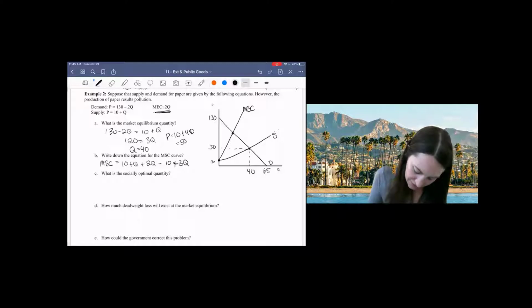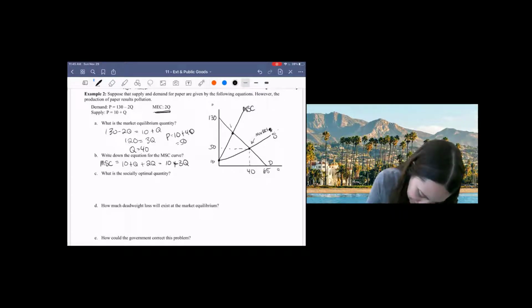So here's the market equilibrium, and here is our socially optimal point. And I need to extend this line just a bit here because we want to know what is the external cost at the market equilibrium.